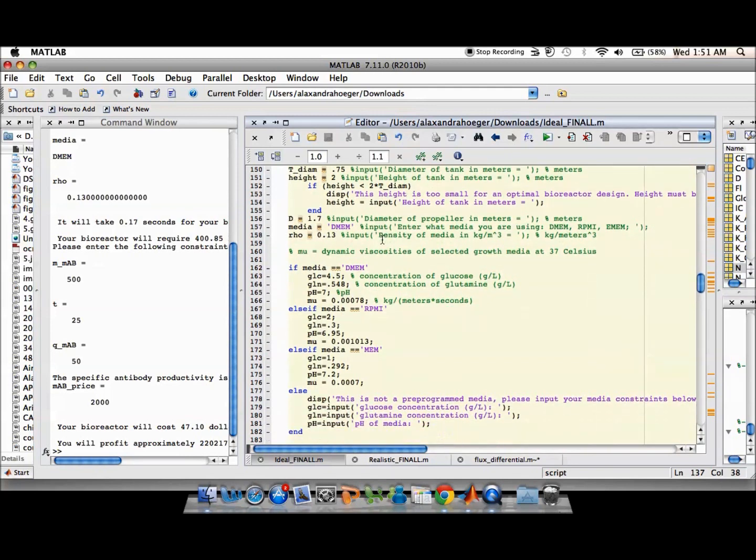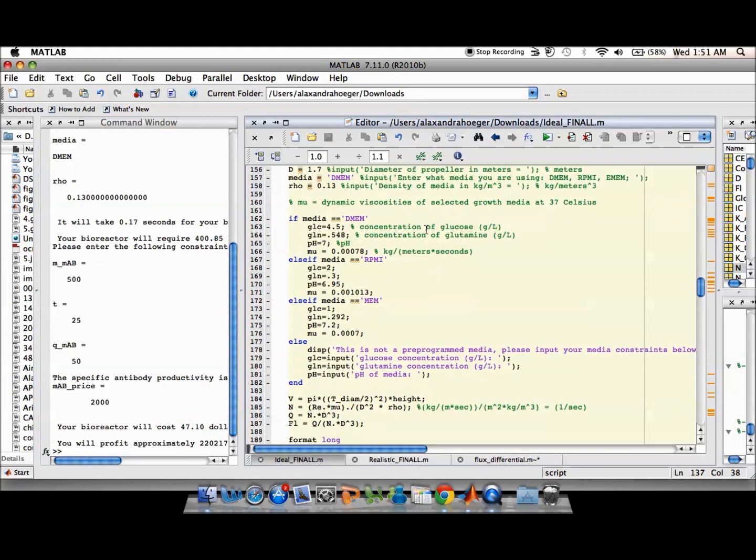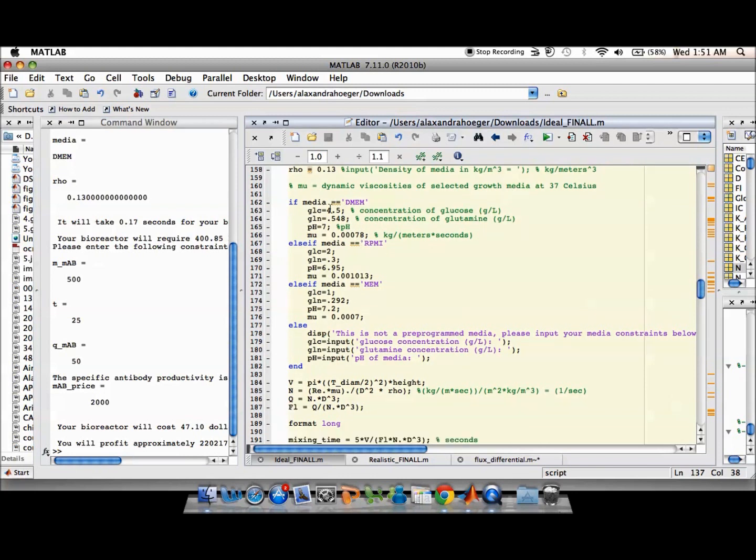And then the other different inputs, and mu is the dynamic viscosity of the growth media at 37 Celsius. These were the found values from peer-reviewed literature. And we have 3 different inputs of common media with their different values. So what's important in my part was the mu value.